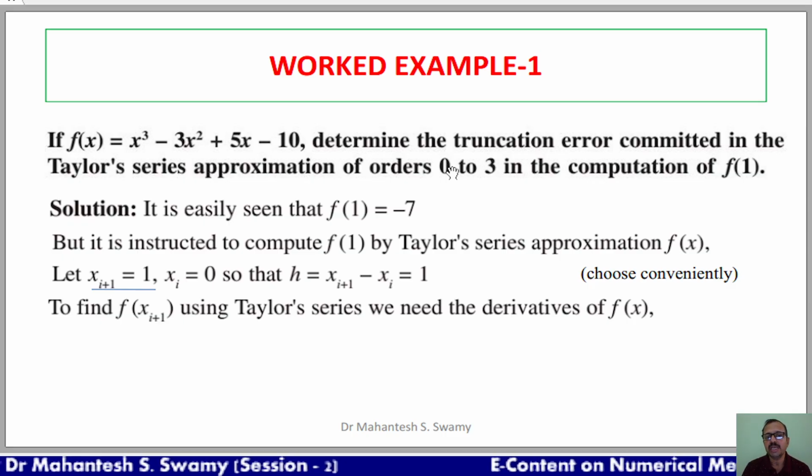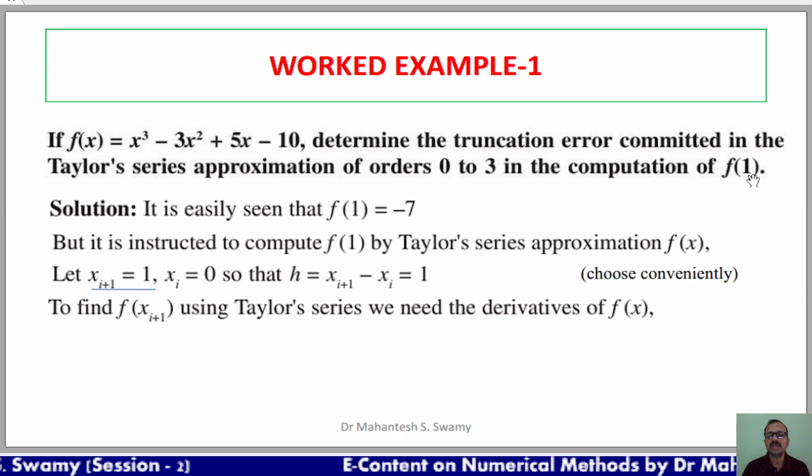So totally we have to calculate the error committed upon approximating the Taylor series to the orders of 0 to 4, particularly for the computation of f at 1. This 1 is the point at which we are expanding the function in a Taylor series, and we have to consider one neighboring point. So the neighboring point of 1 can be conveniently chosen to be 0.